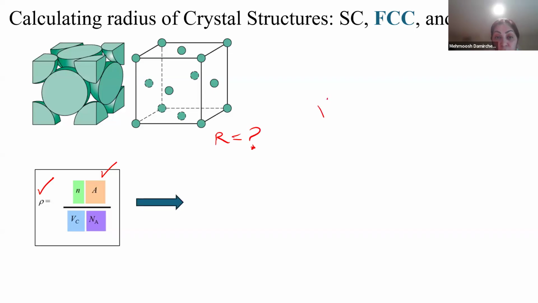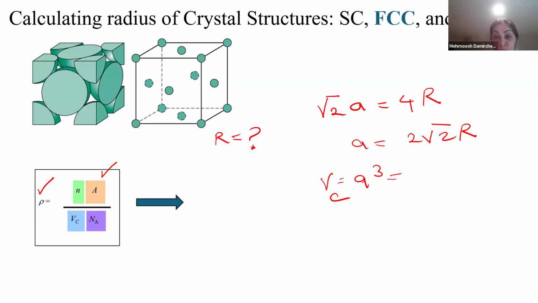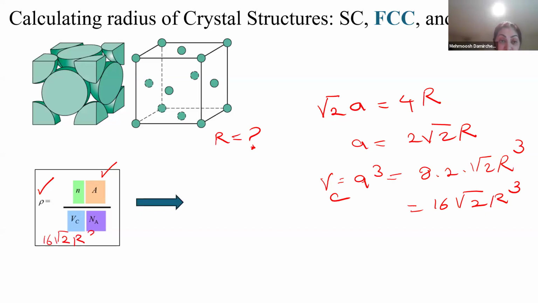I explained root 2 A was 4R. So A is 2 root 2 R, and A cube or VC should be 8 times 2 root 2 R cube, or 16 root 2 R cube. You can substitute here instead of VC, 16 root 2 R cube.